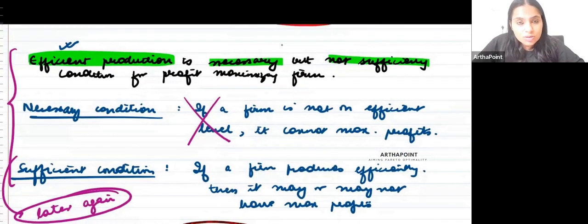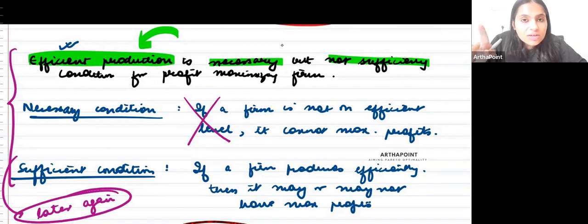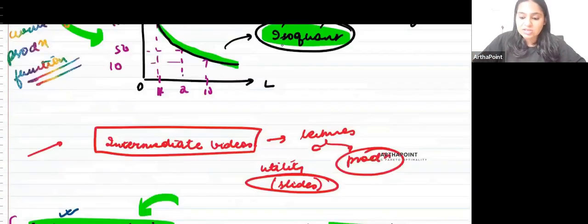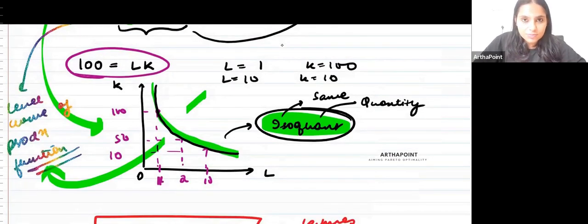Yes, that is exactly what I'm saying here also. If you want to maximize profit, this is the minimum thing that you have to do: you have to produce efficiently. And which points produce efficiently? Only if you're on the production function. When are you on the production function in the long run? Only if you're on the isoquant, because this isoquant is in a way the production function.